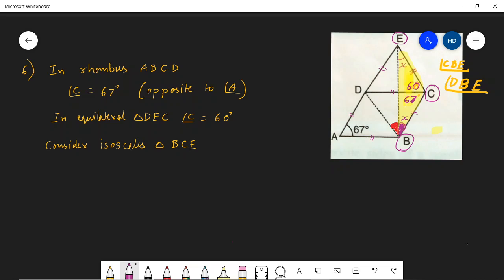Consider isosceles triangle BCE. Now, in this triangle, what happens? Angle E plus angle C plus angle B is equal to 180 degrees, the angle sum property.